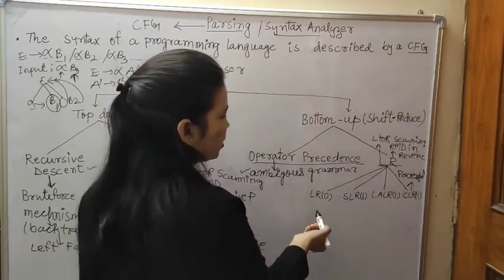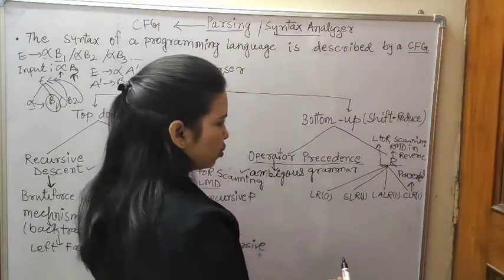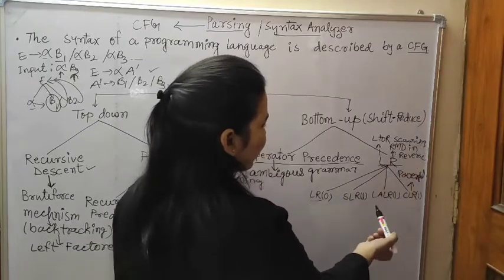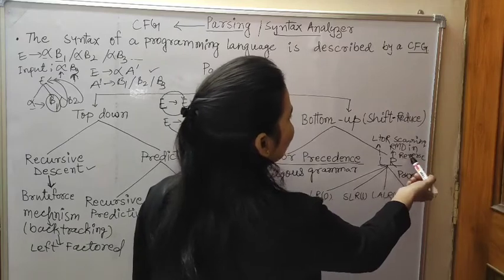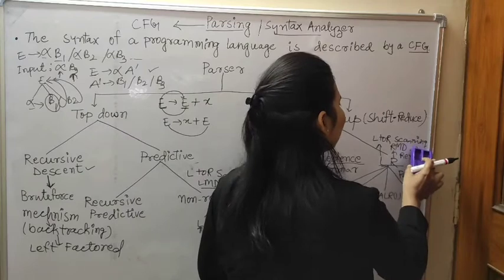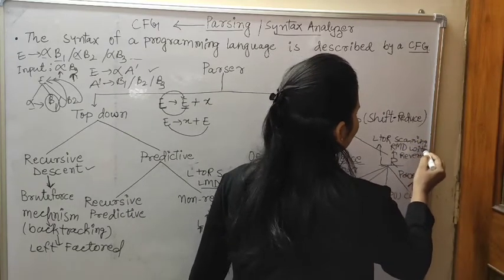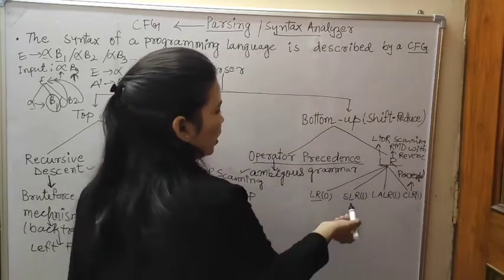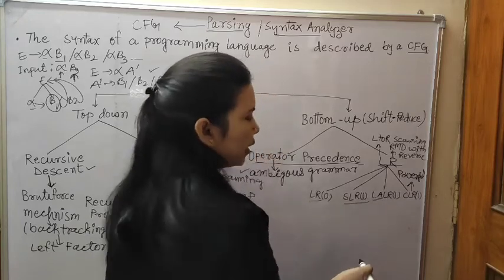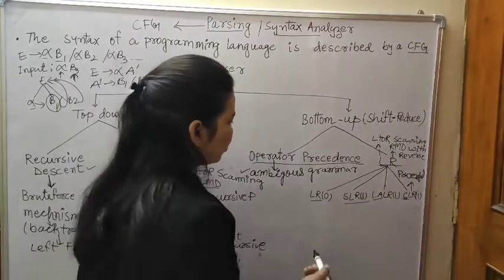Now in the LR parsers, the first parser is LR0, then simple LR, meaning left to right scanning and rightmost derivation in reverse. Then SLR, simple LR, LALR, lookahead LR, and CLR, canonical LR.